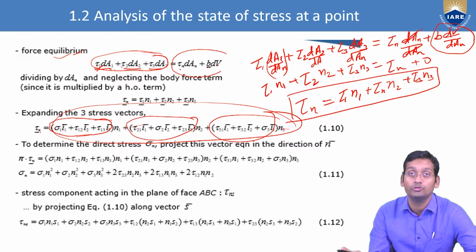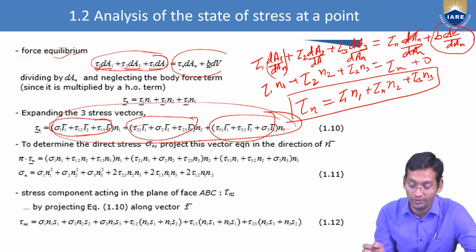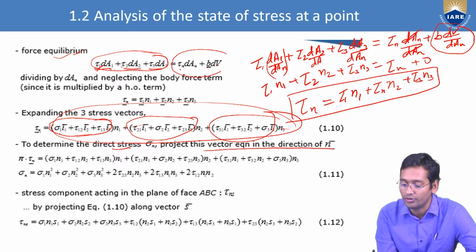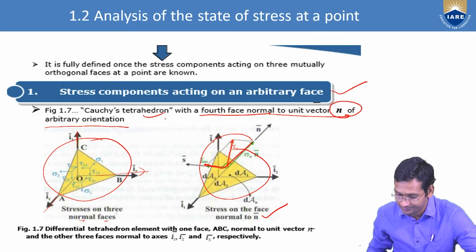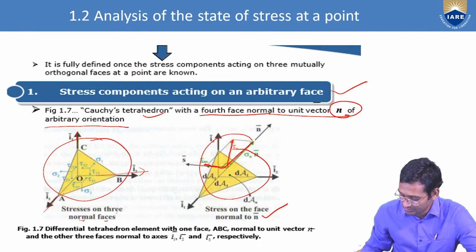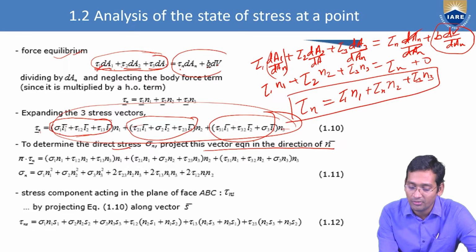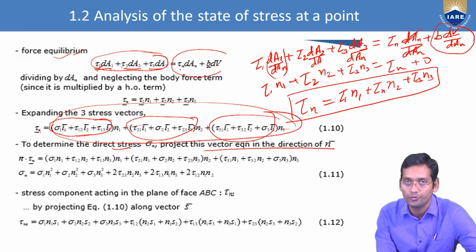Now, how to determine the direct stress, that is sigma n. To determine the direct stress sigma n, project this vector equation in the direction of n. Whatever is there, just take the projection of that. So we have tau n. Just see here: sigma 1 i1, tau 12 i2, tau 13 i3. Now instead of i, everything will be projected to n, that is along this plane. So wherever i1, i2 is there, that all will change to n1, n2.